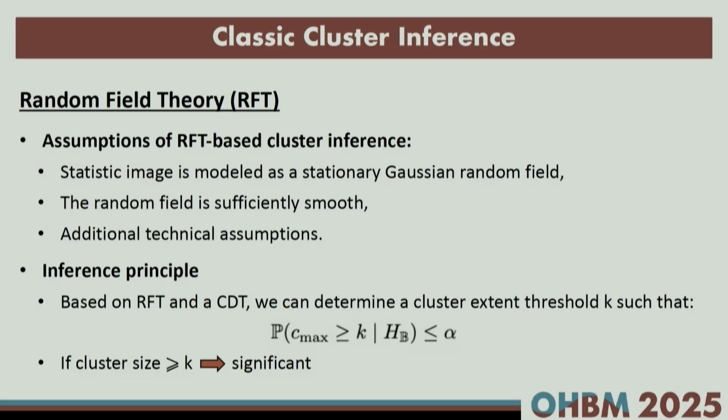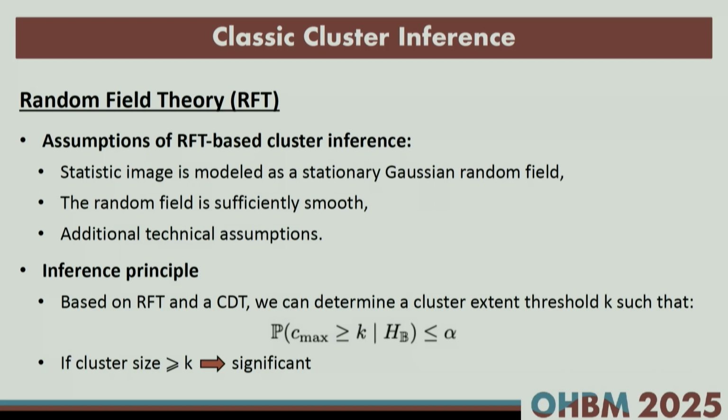First of all, you need to make sure certain assumptions are satisfied. The most important assumptions include that the statistic image is assumed to be a stationary Gaussian random field, and that this image is sufficiently smooth. When these assumptions are fulfilled, we will be able to use the random field theory to make the two-step inference that was introduced by Wouter.